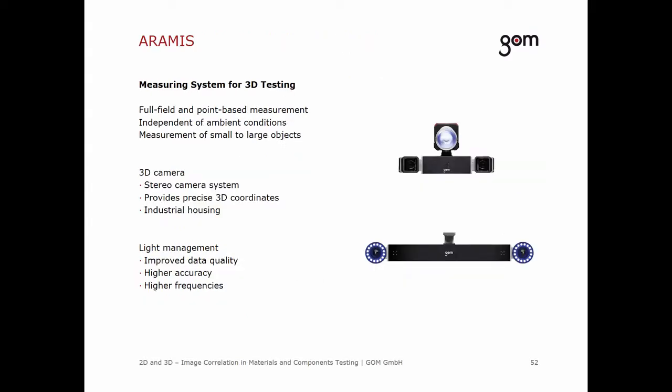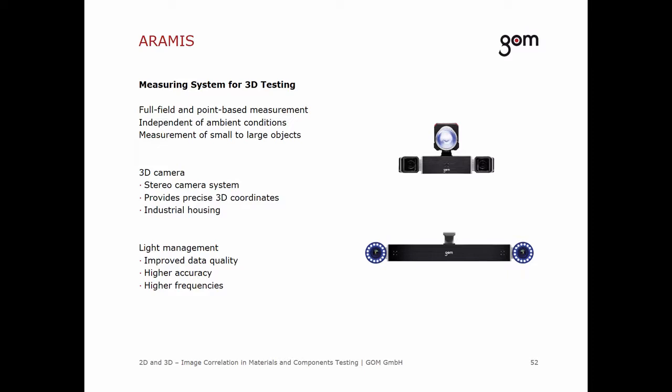3D measuring systems, of course, do have advantages in terms of out-of-plane motion detection. Another issue that needs to be considered for all kinds of optical measurement is the lighting. So a good measurement needs to have a good illumination. Depending on the frame rate, lamps need to be more powerful than for slow speed measurements, for example.